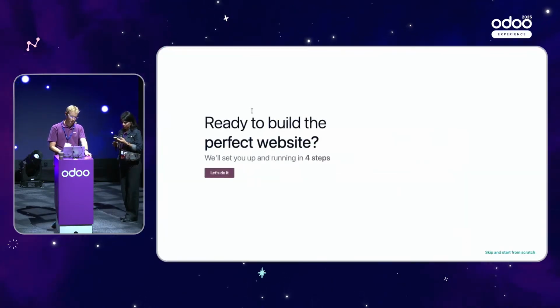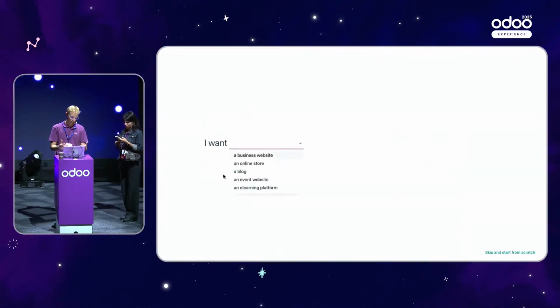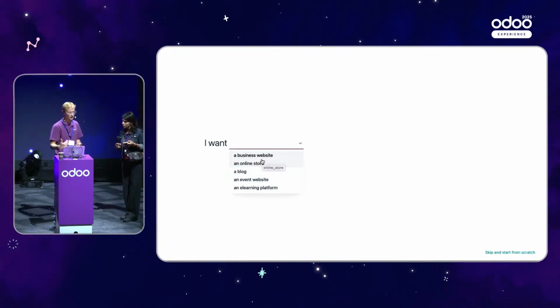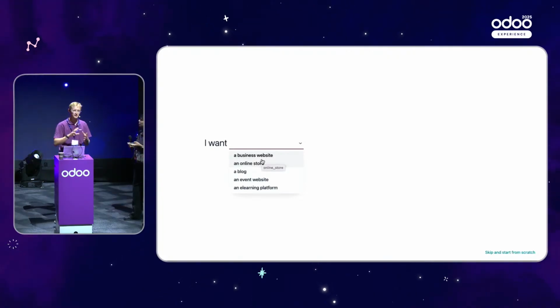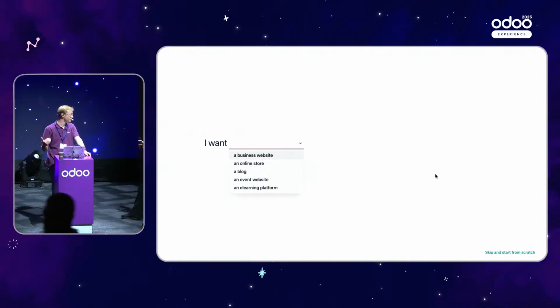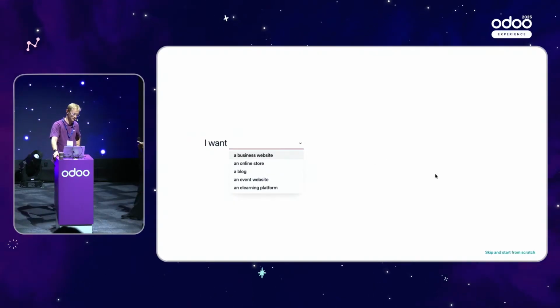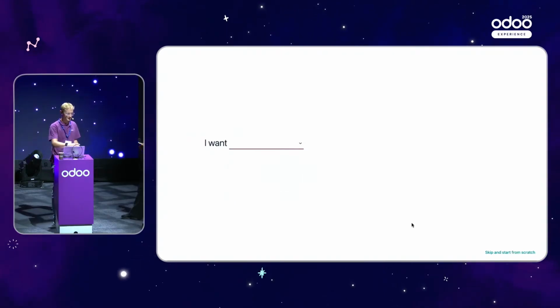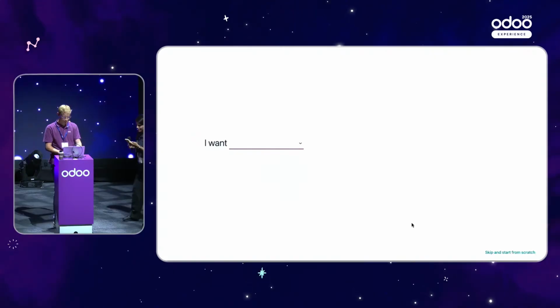You define your industry and what you want, and then Odoo will generate a website with pages and predefined templates. But we don't have a theme other than that.